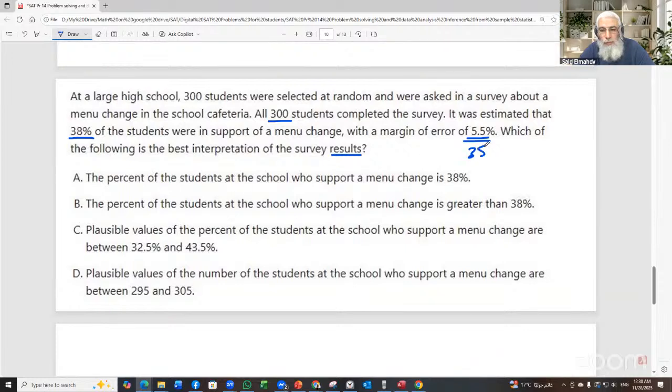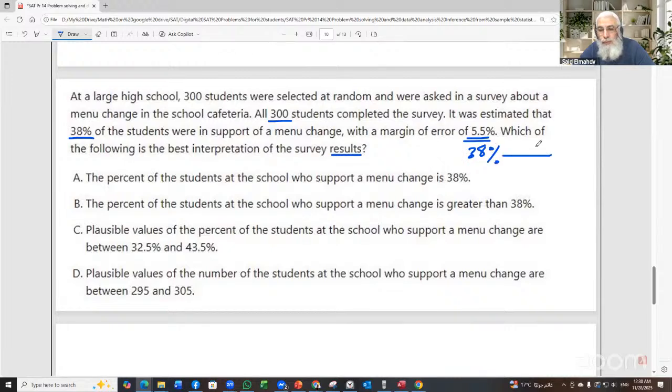So margin of error means what? 38% were in support, and we have a margin of error, so we can add 5.5% to 38%. This is equal to 43.5%. And subtract 5.5, this is 32.5%.